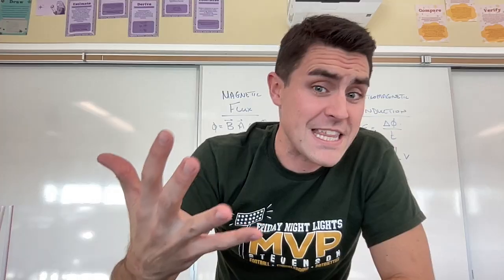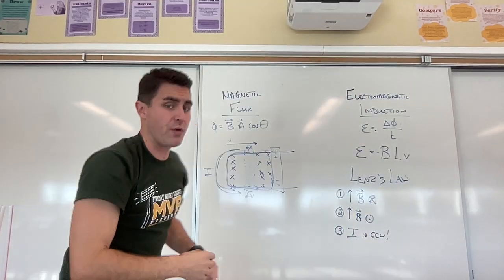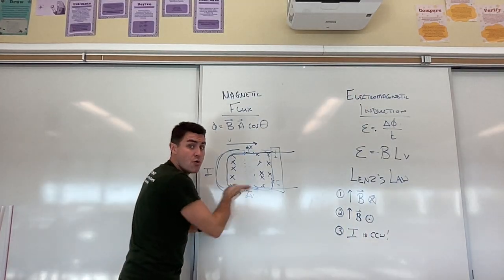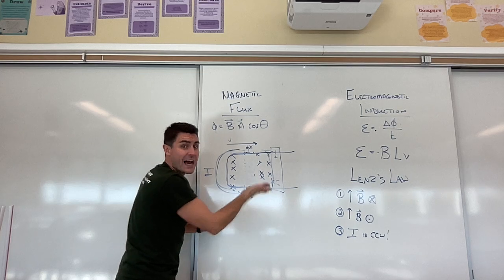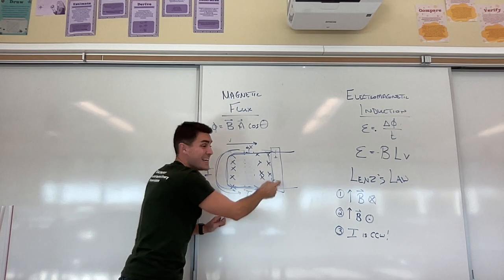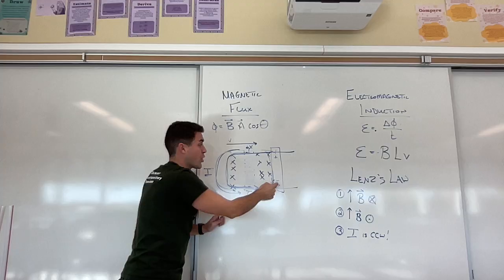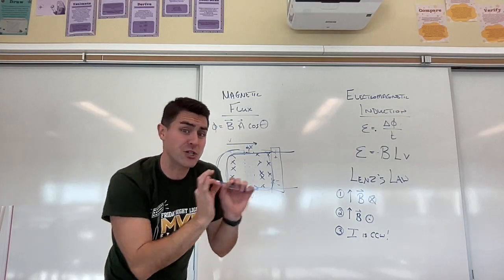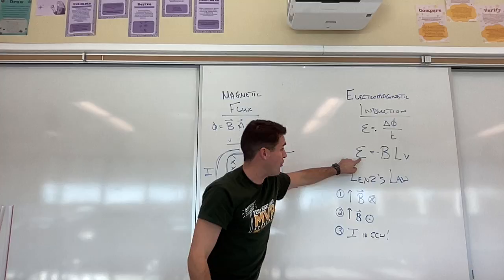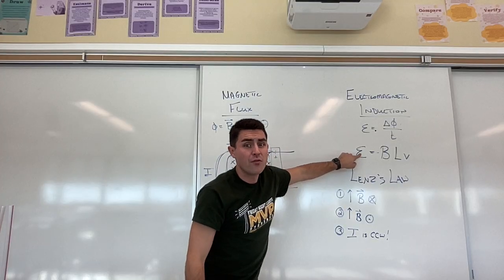How do we explain that? We explain that using our right-hand rule. There's a moving bar, moving charges. There's a magnetic field. It applies a force on the charges in that bar, and that creates a potential difference. That potential difference has a special name in this case, and we call it the electromotive force.